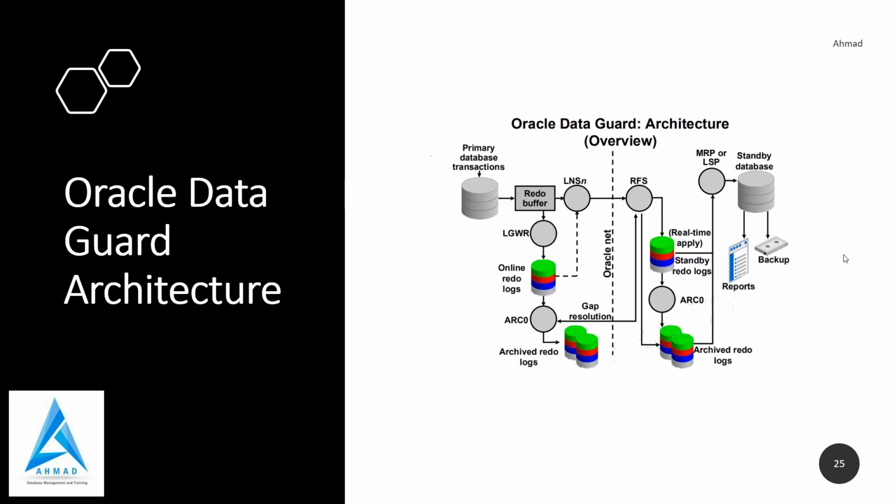Then after that data goes to MRP or LSP, and thereby your data will be applied on the standby database. Okay, so this is the basic overall architecture, where you have the LGWR process, LNSn process, RFS process, and the MRP or LSP process.